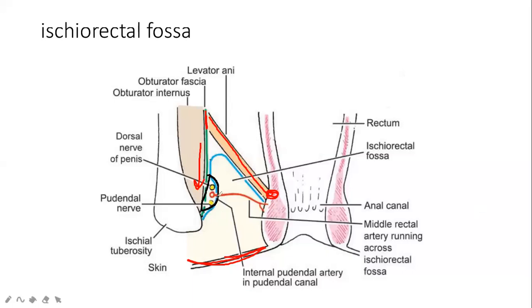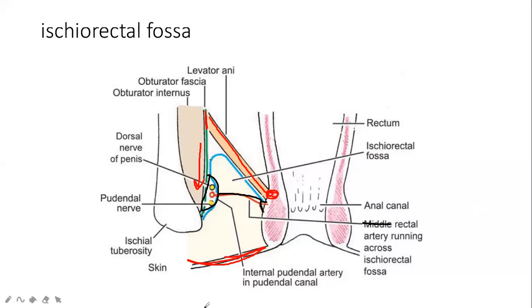So that is generally the inferior rectal artery, sorry, not the mid-rectal artery, running to that structure over there. And then we have the pudendal nerve over there, and then the dorsal nerve of the penis over there as well.